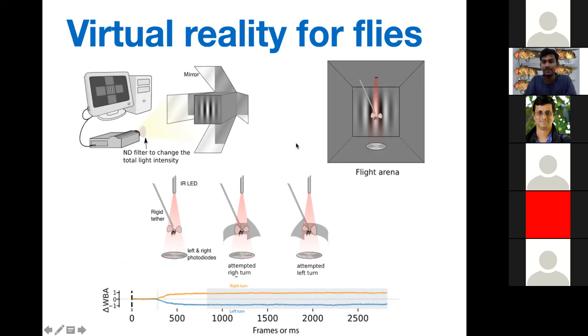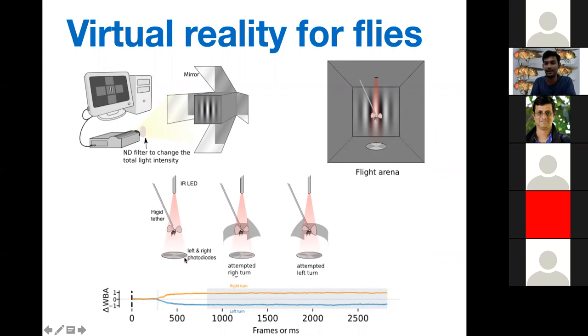We measure the response of these flies to different moving gratings. The way we measure them is that we use an infrared light setup shown from the top, and then you measure the amplitude of the left and right wings as they move their wings in response to the stimulus. As they move their wings, it casts a shadow on the photodiodes, which you can measure.